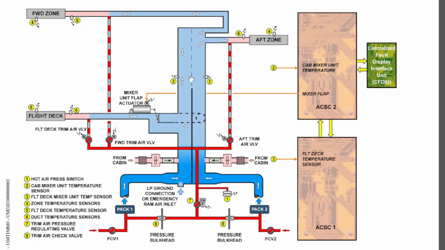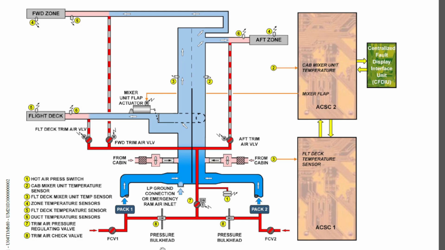So even though it is located here, this temperature sensor is used to mainly monitor the temperature of the air which will be going to the flight deck compartment, and this part will be used to monitor the temperature of the air which will flow to the forward zone or the aft zone, right? Basically those are the components which you will find on the mixer unit itself.